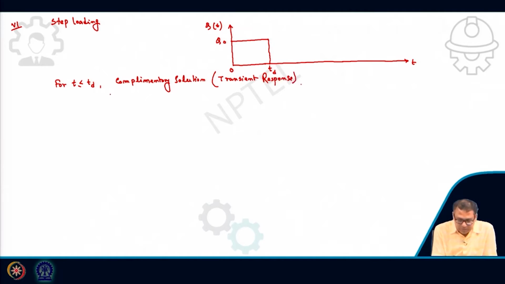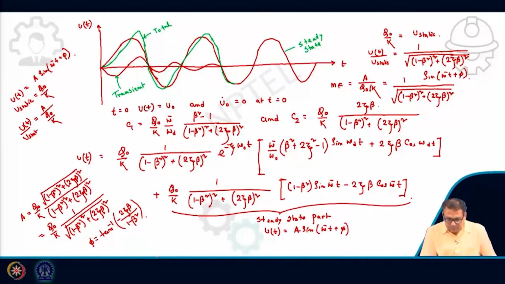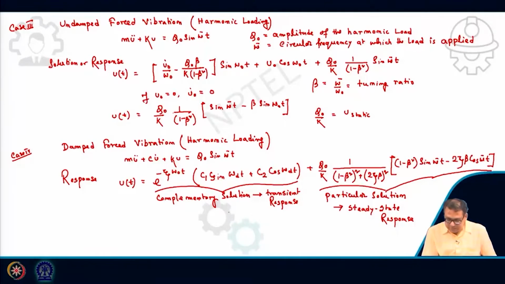I can write the complementary solution u(t). This is the transient response, the complementary response that I have discussed. This is the solution for the transient case, and this will be the steady state case.